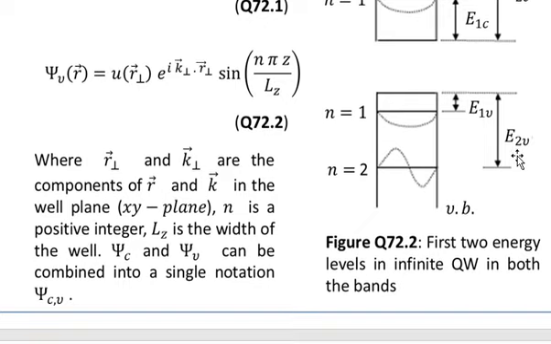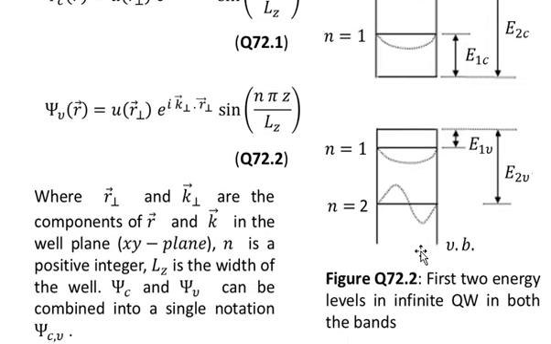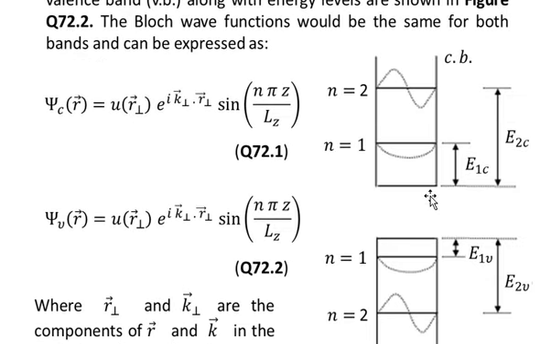And similarly for the valence band: in the conduction band the energy is measured upward because energy is taken positively in the upward direction, whereas in the valence band the energy is taken in the downward direction to be positive. So we have two states, n is equal to 1 state and n is equal to 2 state, at energies E1v and E2v respectively from the top of the quantum well. So these are the two states we have shown in each.